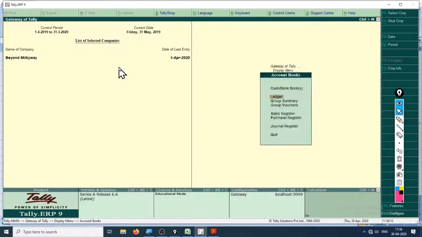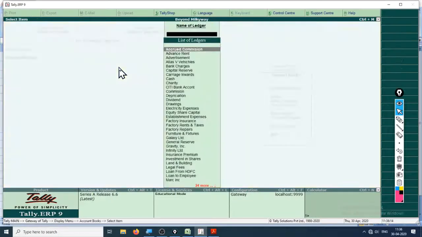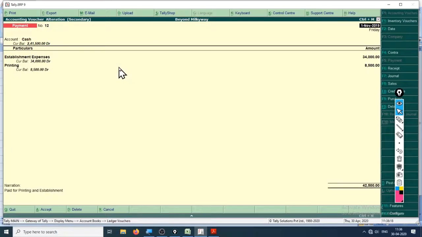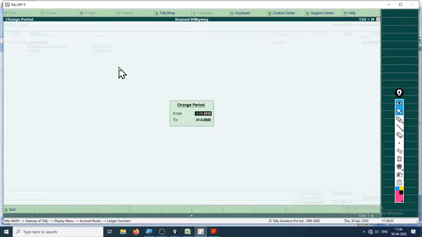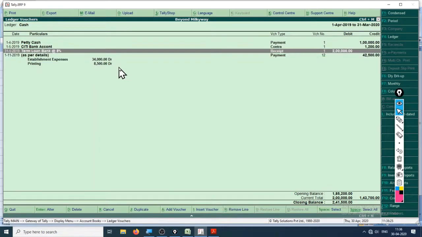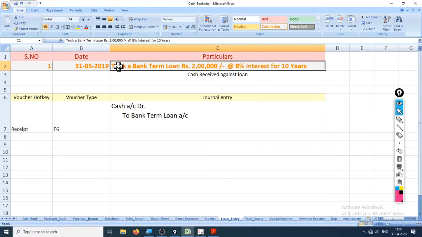You can check the cash balance, that is cash is 2,41,500 and a loan of 2 lakh came in. So see you in the next lecture where we'll be purchasing machinery from this loan. Good day.